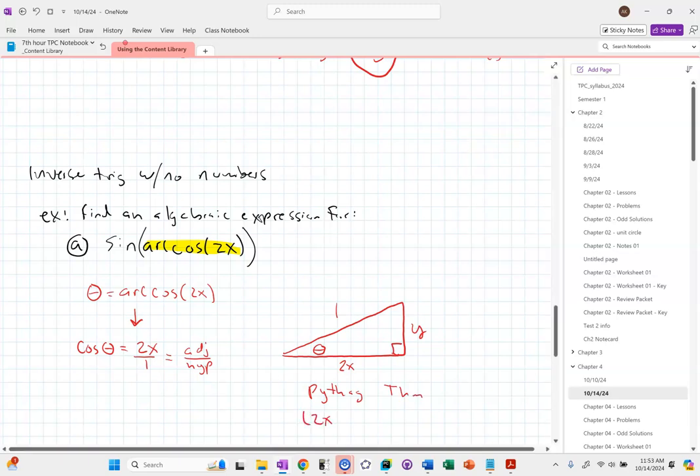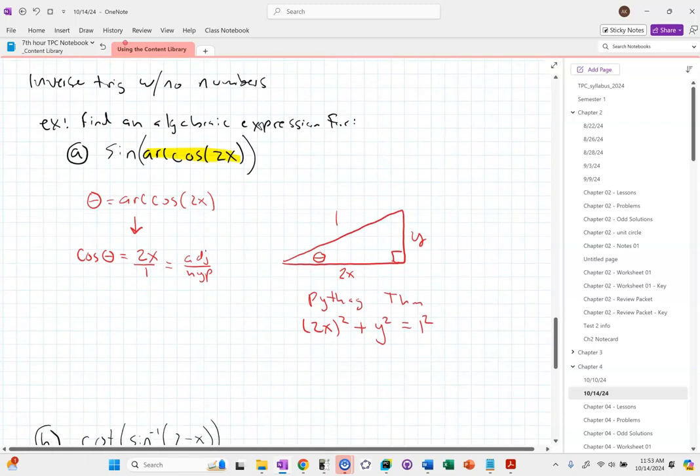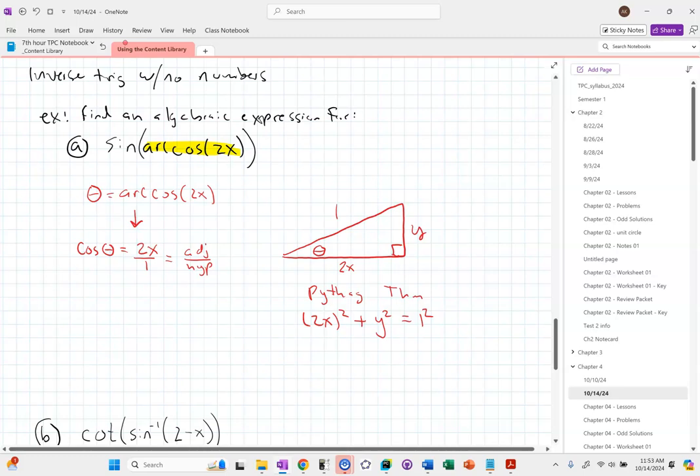So I can say 2x squared plus y squared is equal to 1 squared. Everybody feel good there? We're going to solve for y, so I'll subtract the 2x squared from both sides.